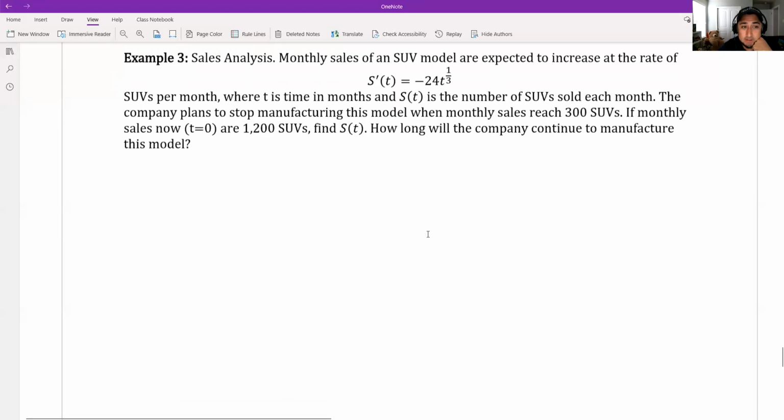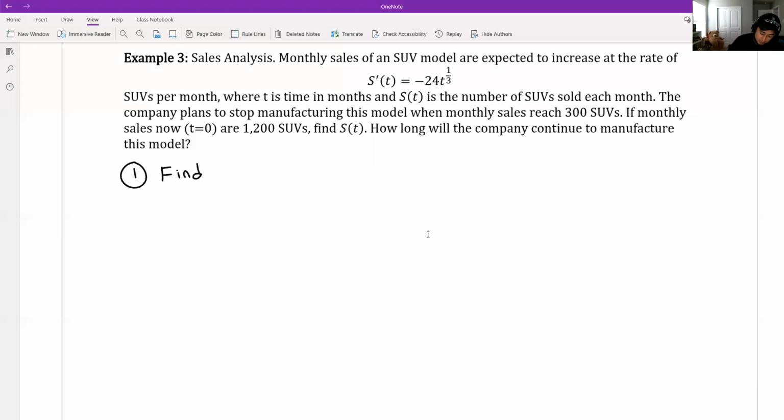Okay. So the first thing we're going to do is find S of t, which means they're giving us the derivative above. So we're going to take the antiderivative to find S of t. So that's our first step here. One, find S of t.